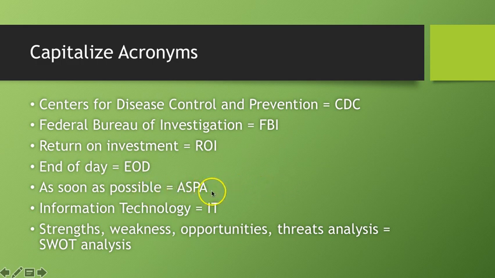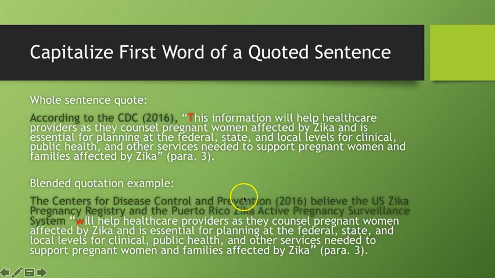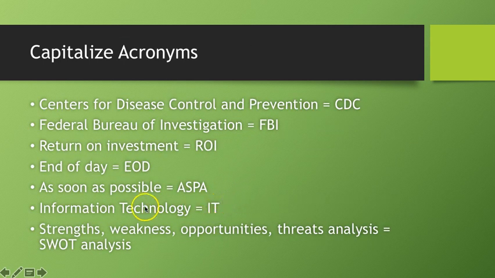And I spelled that wrong. Okay, good thing to point out there, ASAP. Information technology becomes IT. A SWOT analysis written out is lowercase: strengths, weaknesses, opportunities, threats analysis would be SWOT, capitalized, and then analysis.